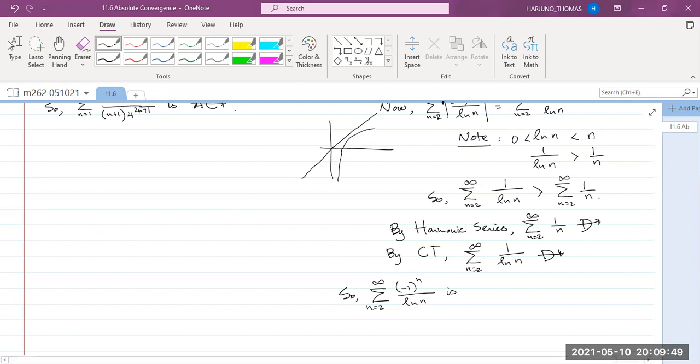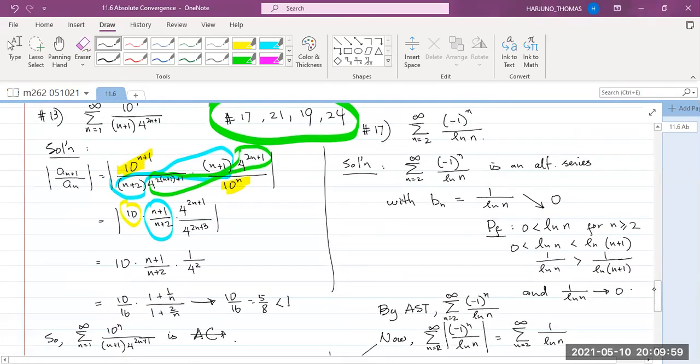What we want to conclude is whether it is conditionally convergent or absolutely convergent. So don't lose track. If it is not absolutely convergent, yet it is convergent, then it is conditionally convergent. So this series itself is convergent, but not absolutely.